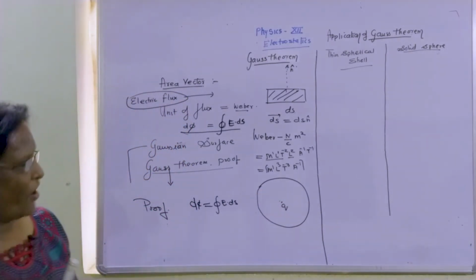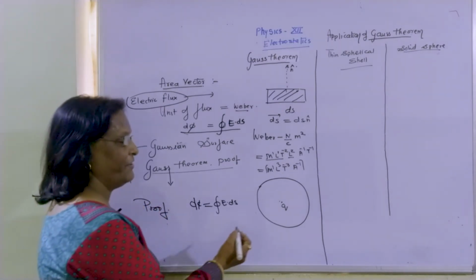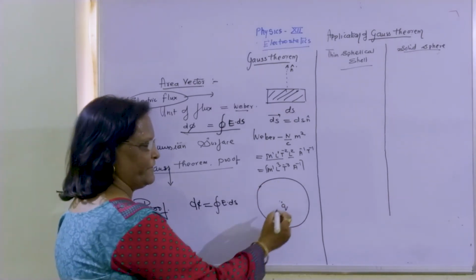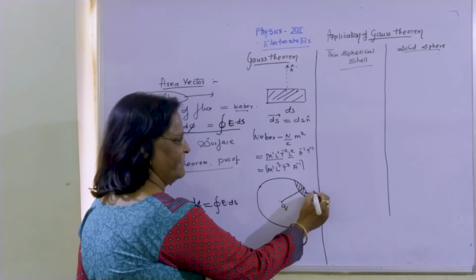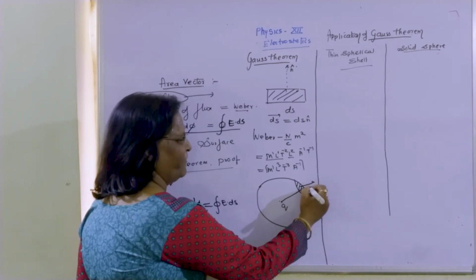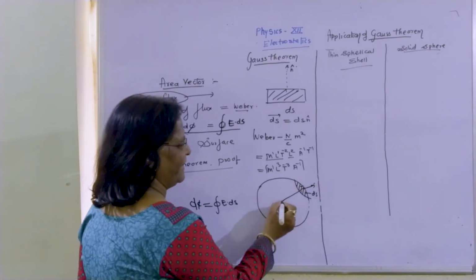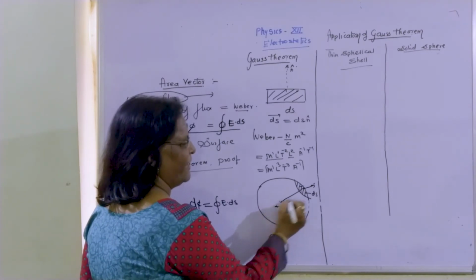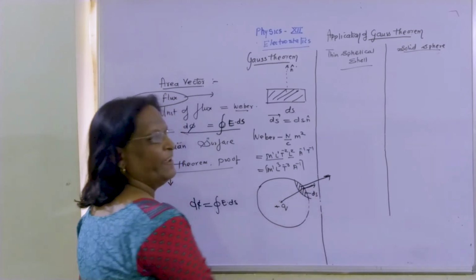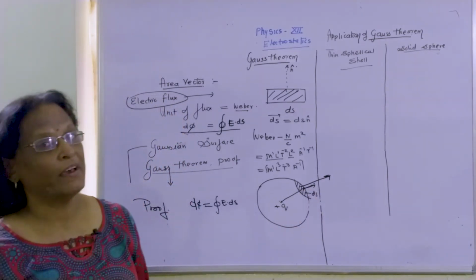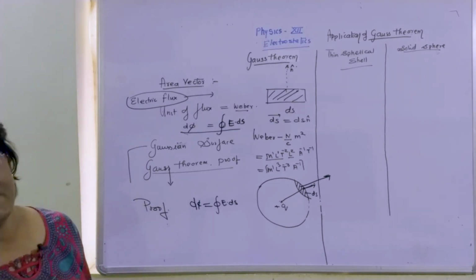and this point charge will have its own electric field around it in form of a sphere, and this will become the Gaussian surface. And here we have taken elementary area, that is ds, and on that electric field and area vector are in same direction, because this electric field due to this plus q charge will also be directed in outward direction. ds also will be radially outward, because we have to remember that the area vector should be perpendicular to the particular surface.